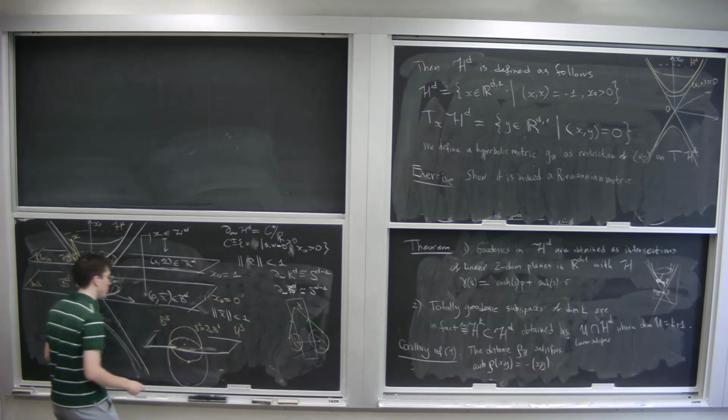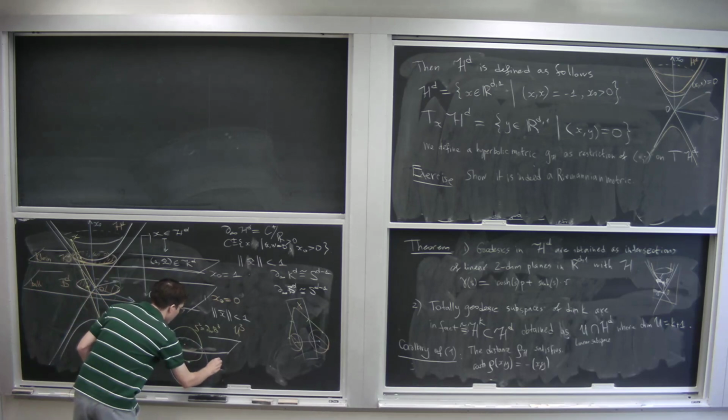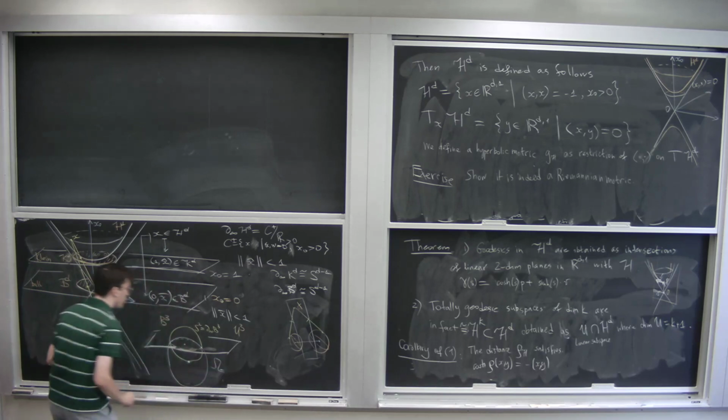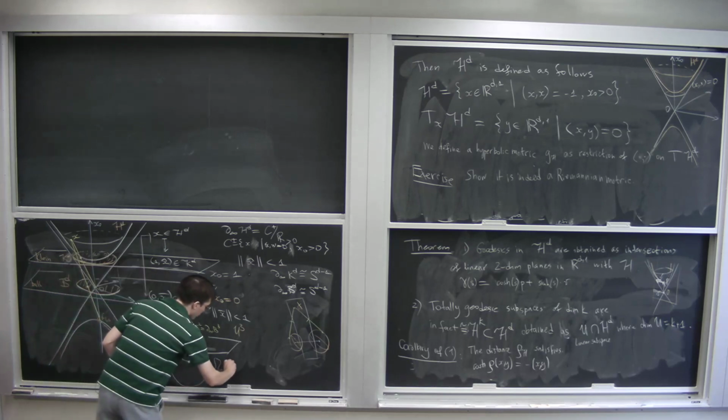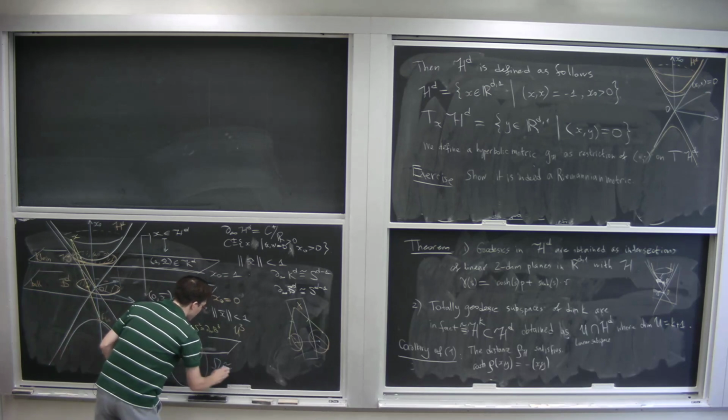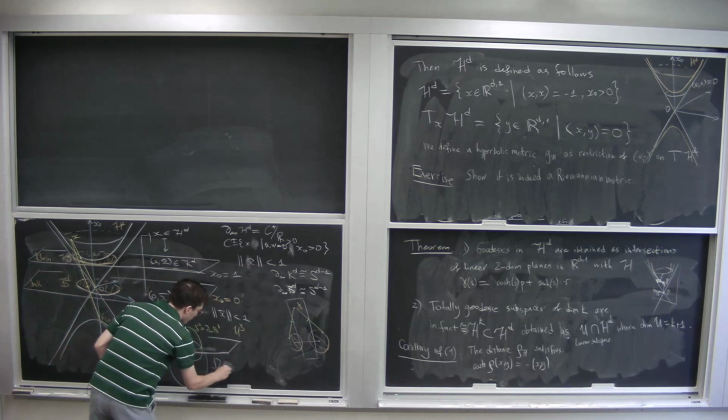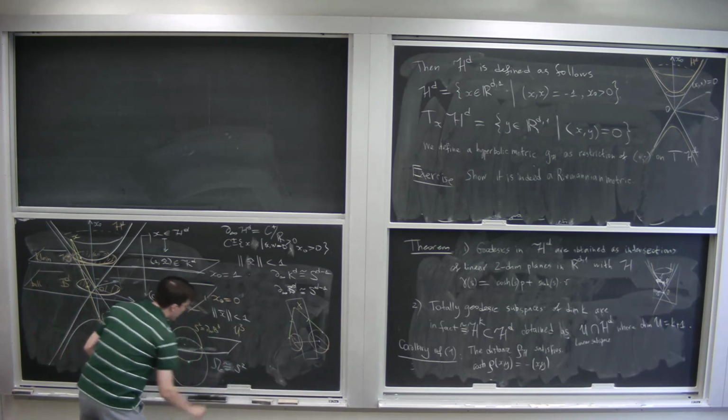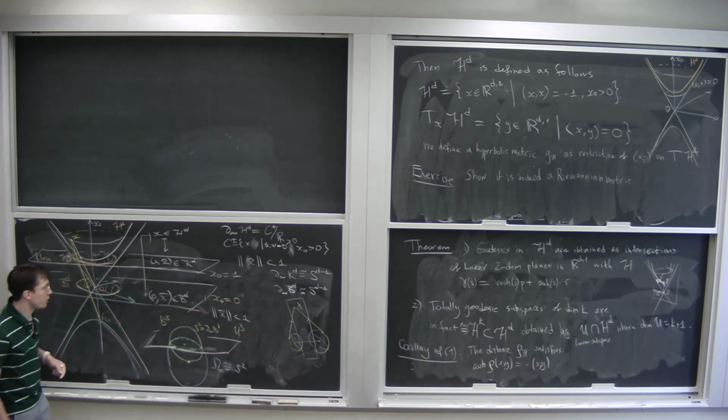Let me denote the sphere as large omega. It can be identified with S2, but it is another sphere.